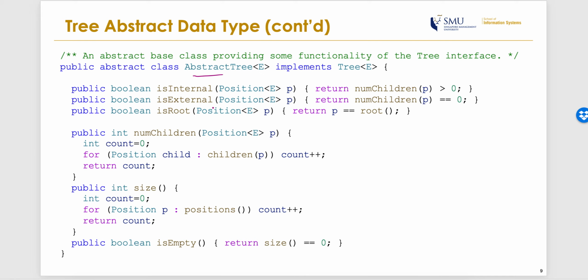For example, if we are looking at whether something is internal, then we just look at the number of children as to whether it's greater than 0 or equal to 0, right? Whether something is a root, you can check whether or not the node is a root itself. For the number of children, we just have to iterate over the children and count them, right?